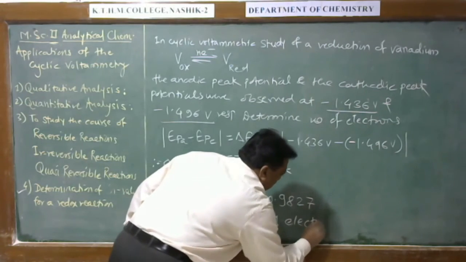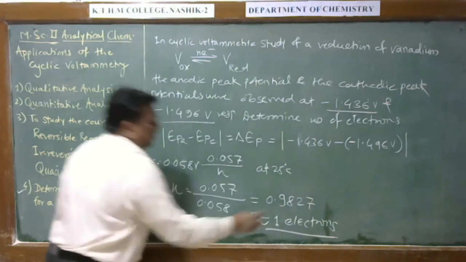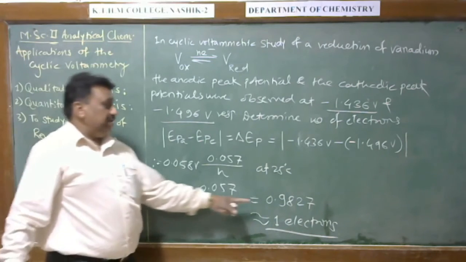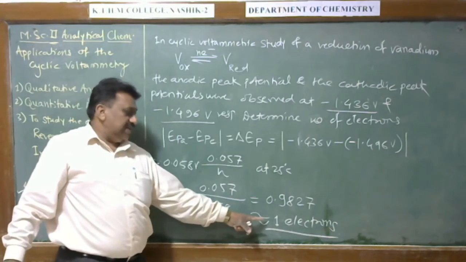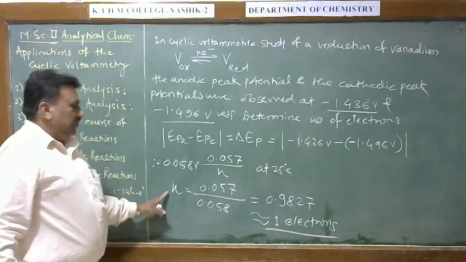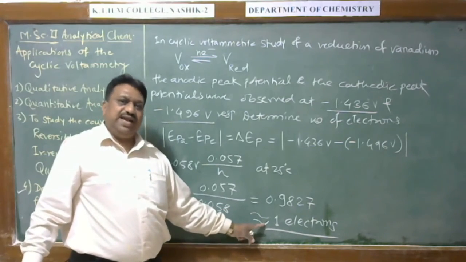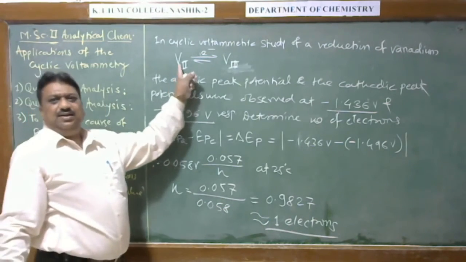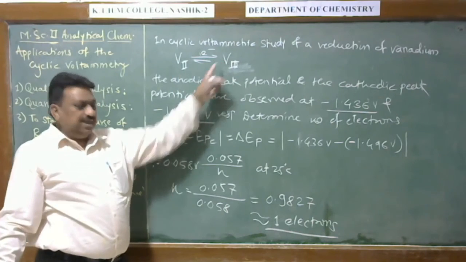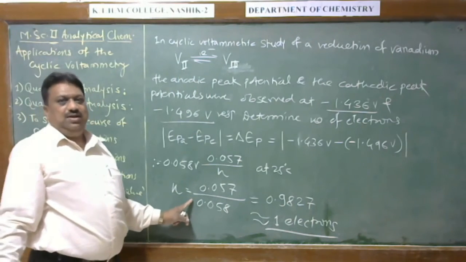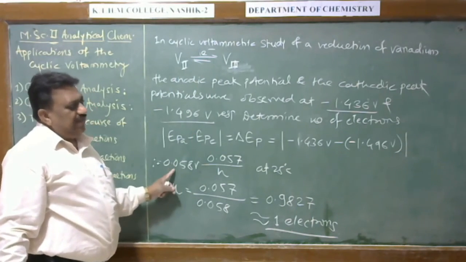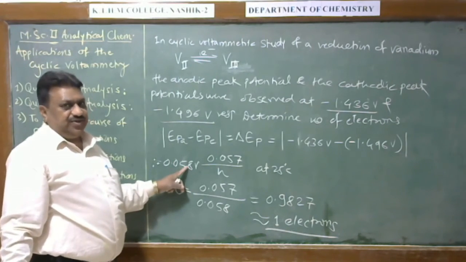At least electron is not in decimal fraction. It is not in fraction, it is as a 1, 2 or 3 like this. Therefore, number of electron involved in this reaction is 1. Here it is a reversible reaction with 1 electron. We can find out here number of electron involved in redox reaction.